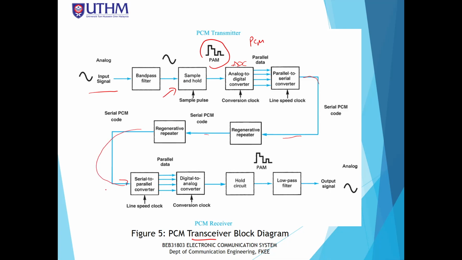Then the serial to parallel converter converts the electrical pulses into a PCM code word, and digital to analog converts it into a PAM signal. Then we put it inside the hold circuit to produce the output signal, and we use a low pass filter to select the low frequency signal, and we get the output as analog again.